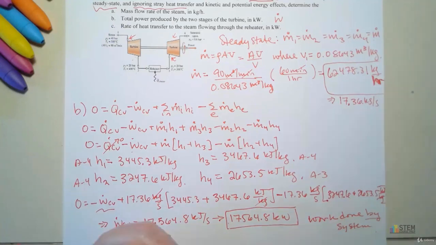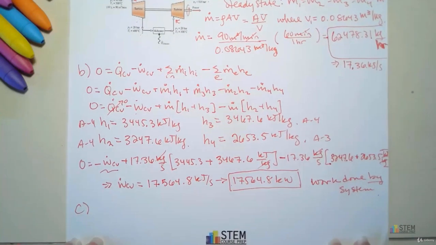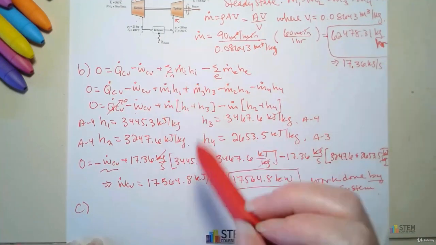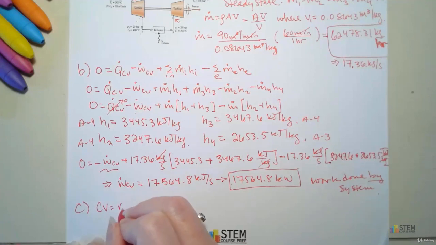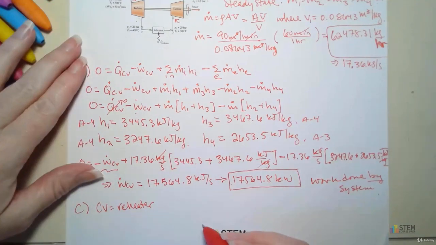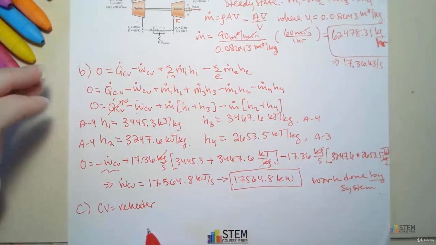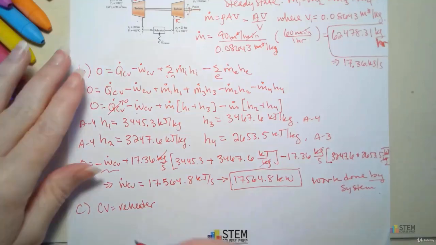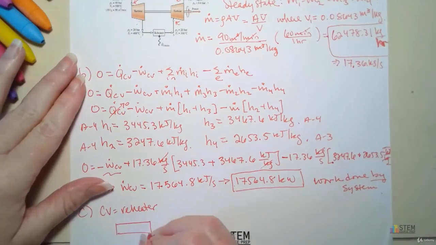Now part C. This one we want to find the rate of heat transfer to the steam flowing through the reheater. Now our control volume is going to be the reheater. Alright, so we've got that. And for this one, you're going to do the same thing. You're still going to use your energy balance equation, but now we're only looking at the reheater.